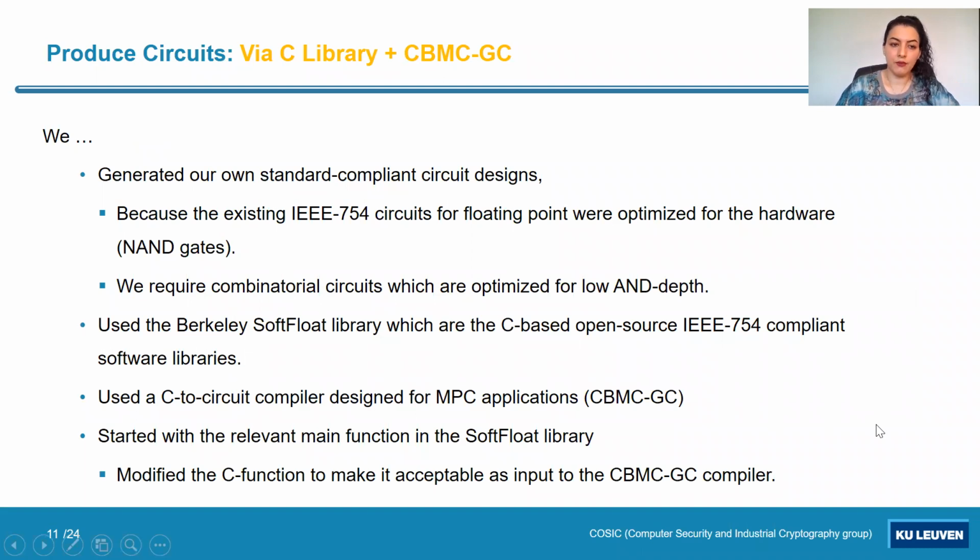For our paper, we needed to generate a combinational circuit and optimize it for AND depth, and we used an open source Berkeley software library, the CBMC-GC compiler. We give a C code to this compiler and get the optimized circuit.